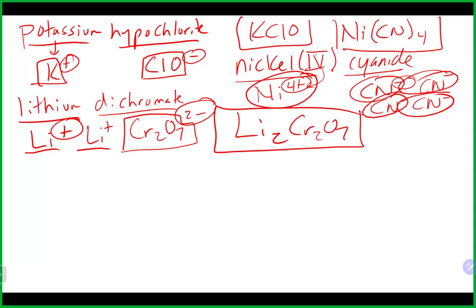Now, earlier I said that you will never do a prefix with a metal, except in one situation. This would be an example of that situation. The di here is not because we put it on, but the di is part of the actual name of the polyatomic ion. So that is the only time you will actually see a prefix with a metal, and it's really just because the polyatomic ion's name has an actual prefix like dichromate.